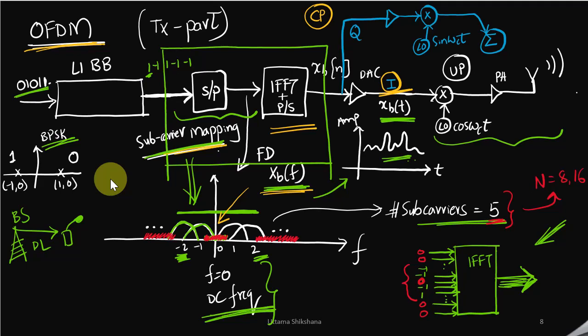I had even considered BPSK, where my imaginary term is 0, so the Q channel I am taking as 0. But whatever concepts we had applied for the I channel with respect to cos omega ct, the same thing we can apply even to the Q channel. The only thing is we need to use sin omega ct. So all our equations will hold good for the Q channel as well.